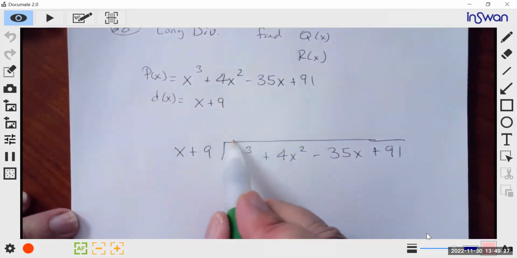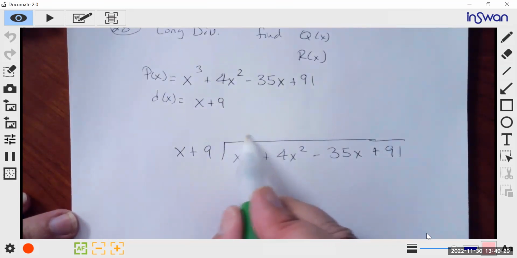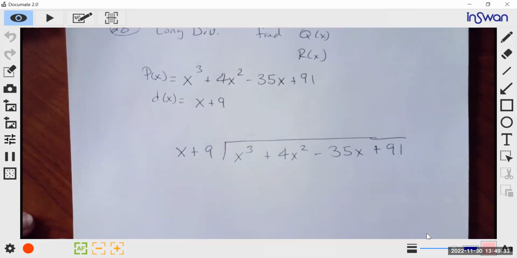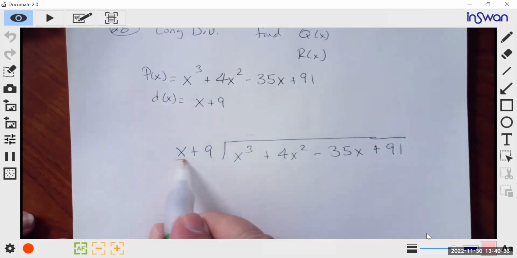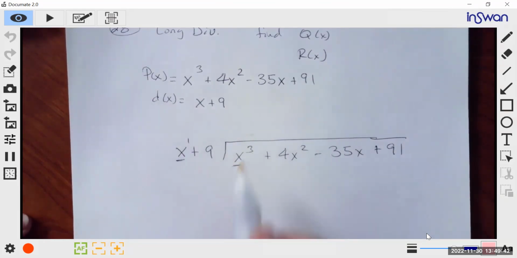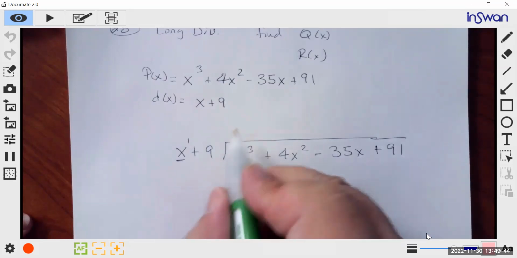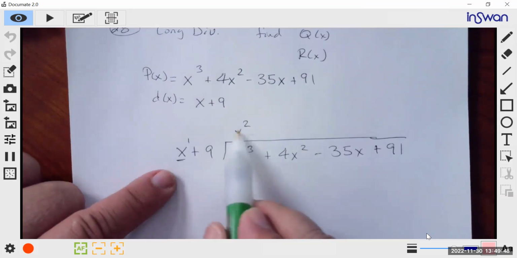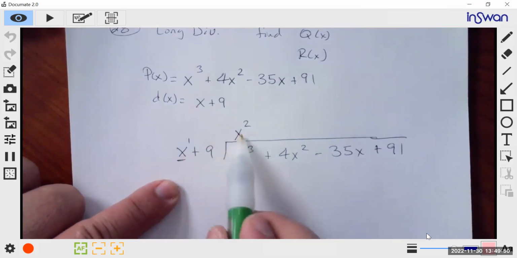So what goes in this first spot? Look at the first terms. What times x gives me x cubed? There's one here. How many am I missing to get 3? Two. So I have x squared. Now once I figure out what goes up here, multiply it to both of them.